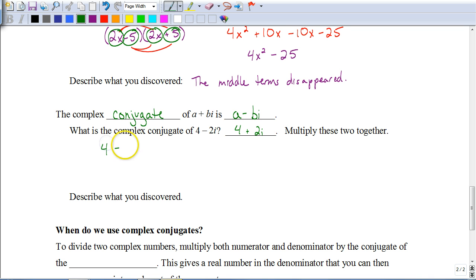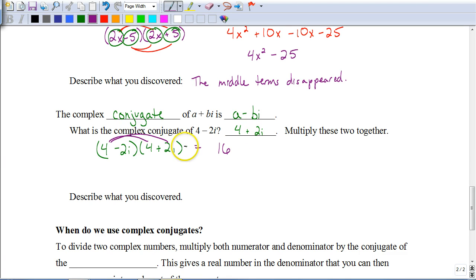So 4 minus 2i times 4 plus 2i. Again, 4 times 4 would be 16. Let's go ahead and find the middle terms here, even though previously we mentioned that with 2x minus 5 and 2x plus 5, the middle terms disappeared. Let's see if that happens when we're dealing with complex numbers.